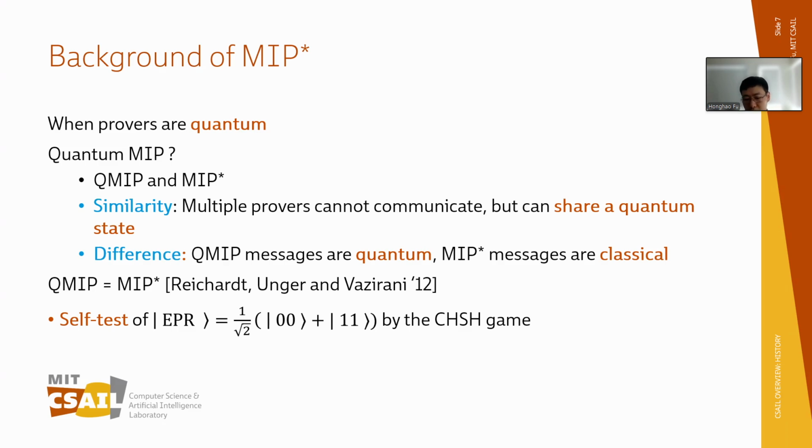Then if he is cheating, the probability he gets caught is very high. And so this verifier can do a secure delegation of quantum computation to quantum provers through classical interaction. So next, let's look at.